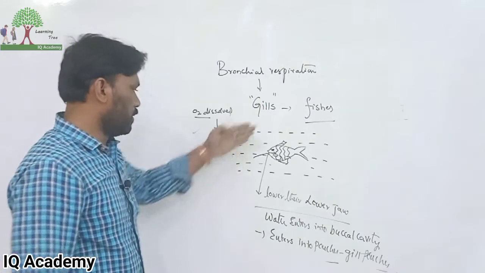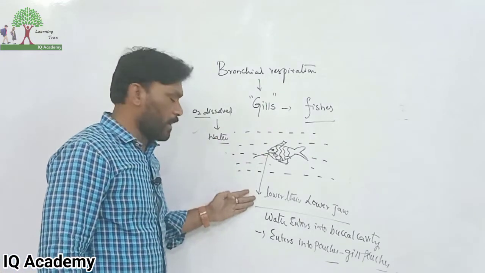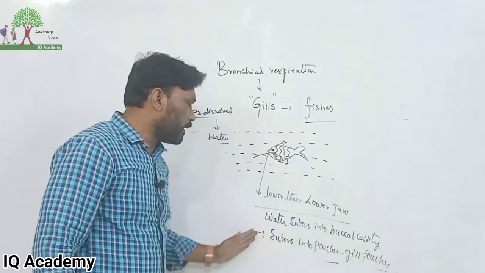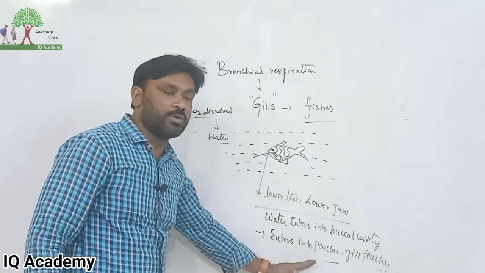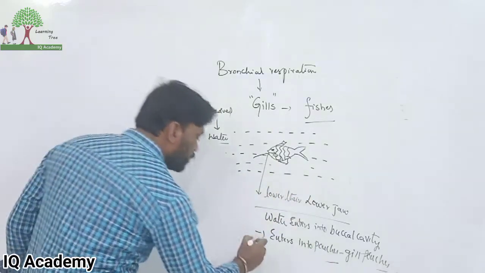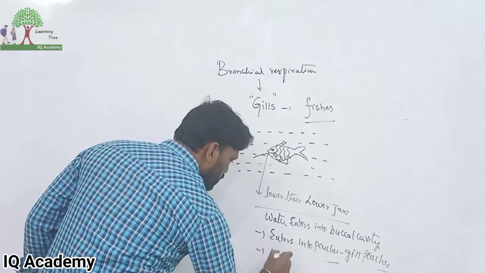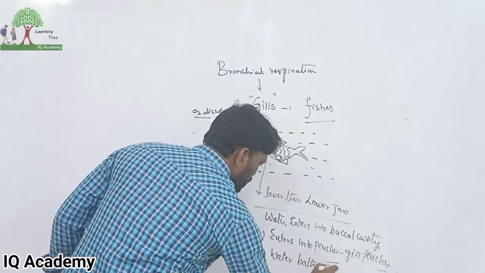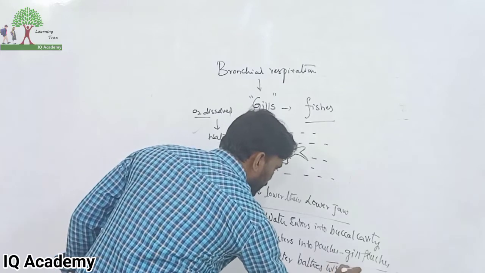First, it lowers its lower jaw. Water enters into the buccal cavity, and then the water enters into the pouches called gill pouches. After water enters the gill pouches, water bathes the gill lamellae.